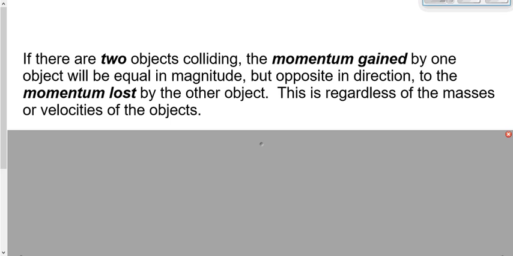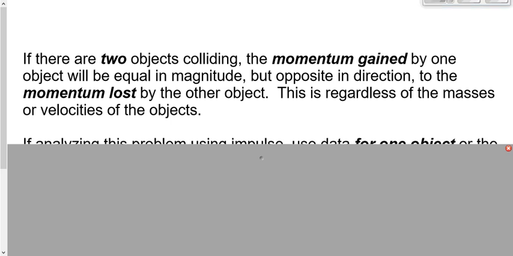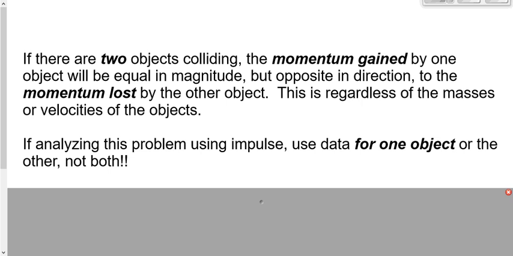If we have two cars colliding, use data for car A or for car B, but not for both of them. Does that make sense? Pick a car, any car, and go with that car. So if you're analyzing a problem involving two or more objects using impulse, use data for one of the objects or the other, but not for both.